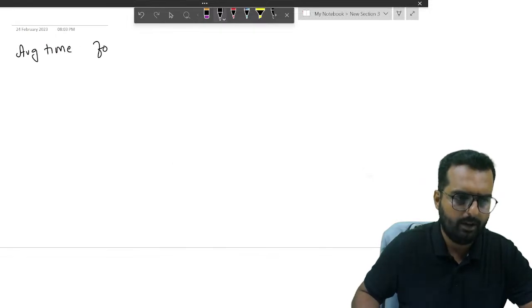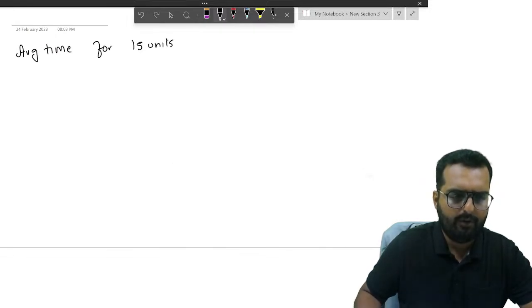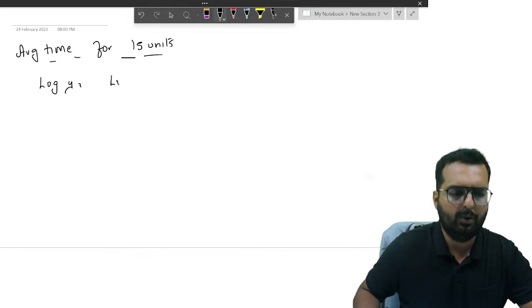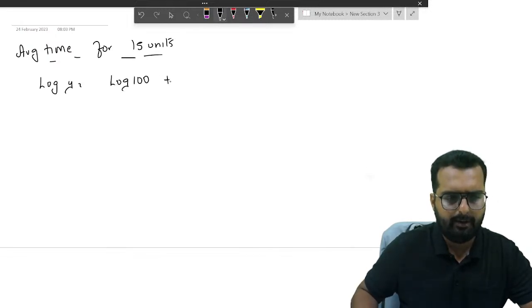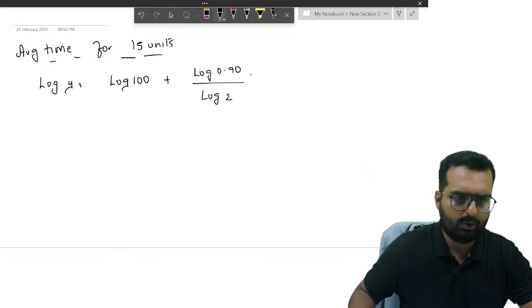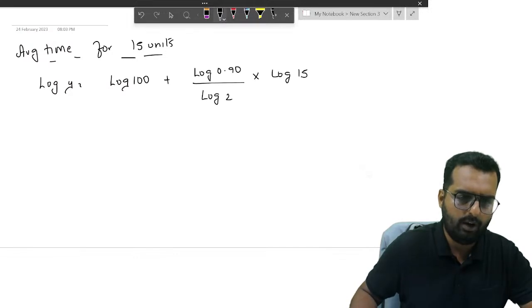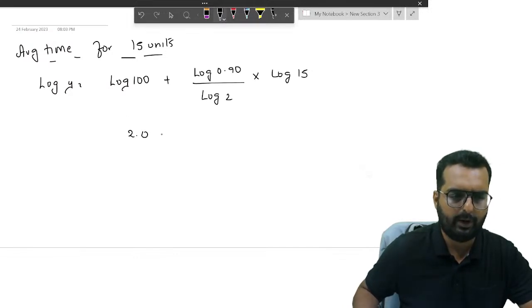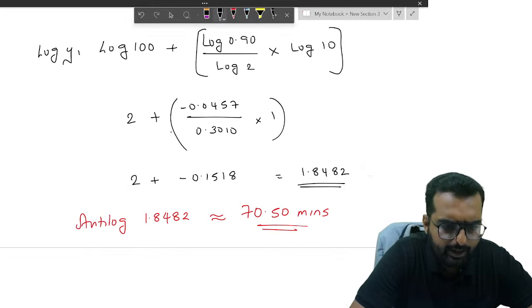Average time for 15 units. So here it will be log y is equal to log 100 plus log 0.9 divided by log 2 into log 15. I think this was 2.0 plus 0.9 by 0.2.